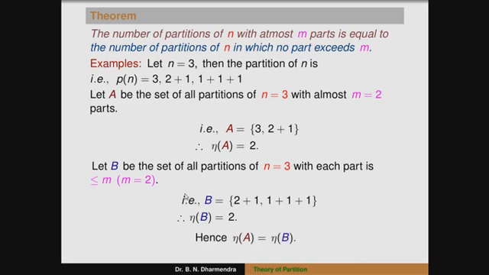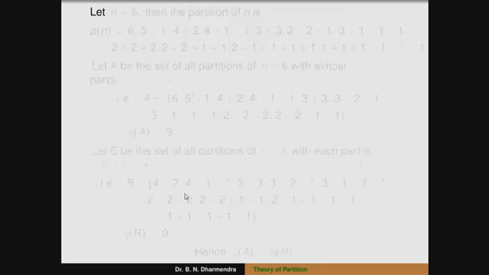We have taken the preliminary example, and similarly we take the next example. Let n be equal to 6, choosing a higher number. Then the number of partitions P of 6 is equal to 11.